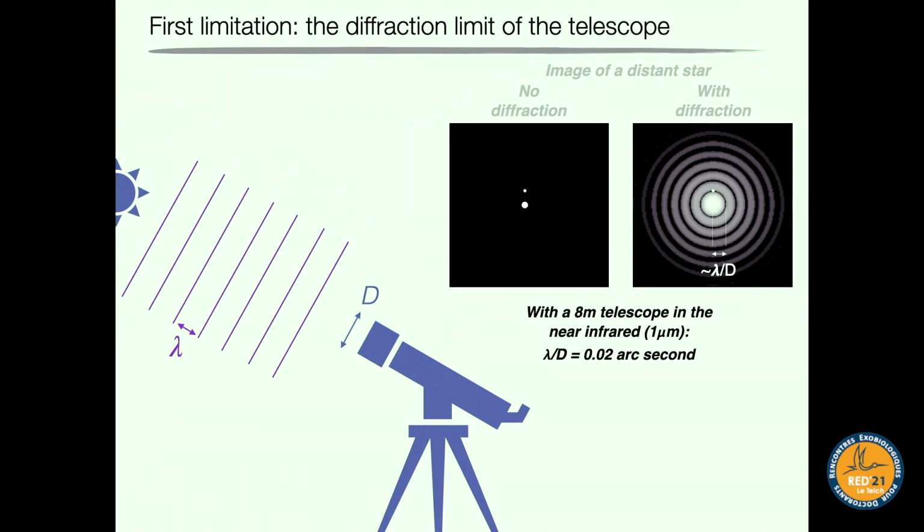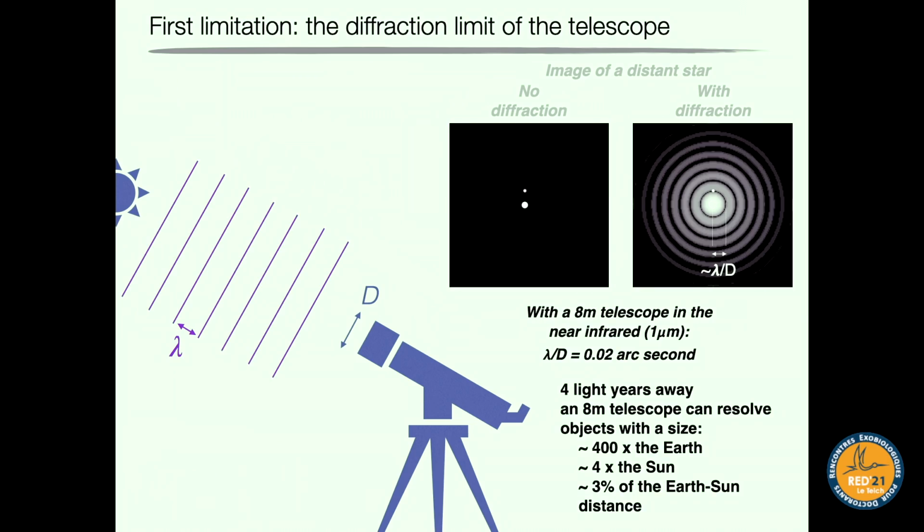But still, if we translate that at what this angular size means around a star that is at 4 light years away, meaning the closest star to our sun, then an 8-meter telescope would be able to resolve an object that would have the size only of 400 times the size of the Earth, 4 times the size of the Sun, or 3% of the Earth-Sun distance.